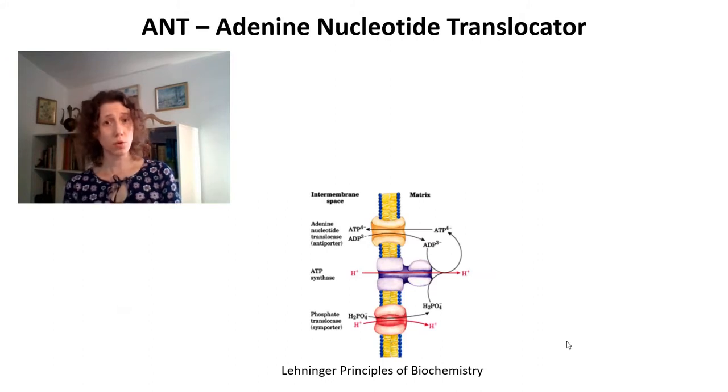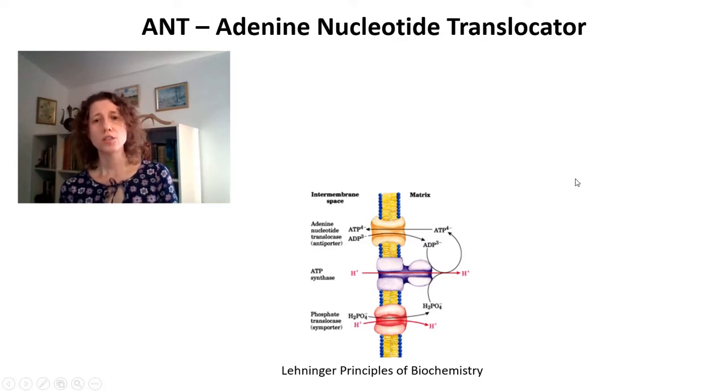So an example of a member of this family that's the most abundant protein actually in the inner mitochondrial membrane is the ANT, or the Adenine Nucleotide Translocator. This protein is responsible for the exchange of ADP for ATP in the inner mitochondrial membrane.